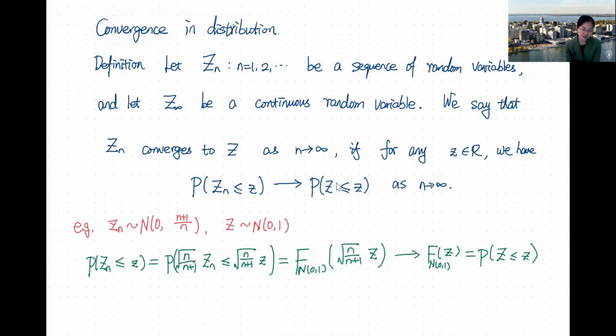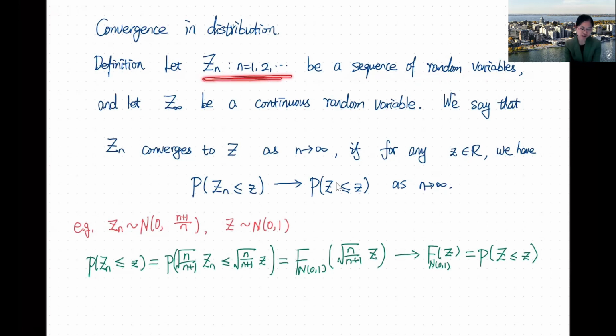Let's consider a sequence of random variables. So this is Zn, where n runs from 1, 2, 3 to infinity. Notice that I use n as the subscript, not i, because I don't want you to confuse this with the sample.